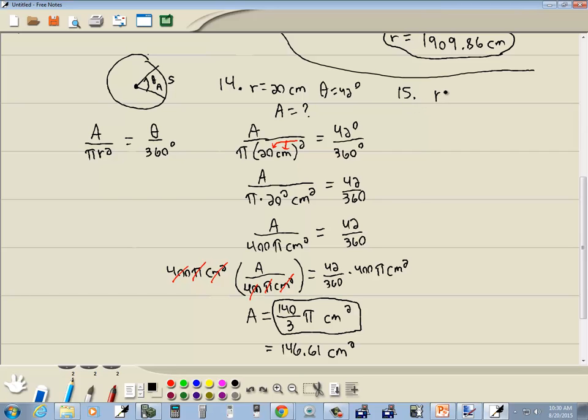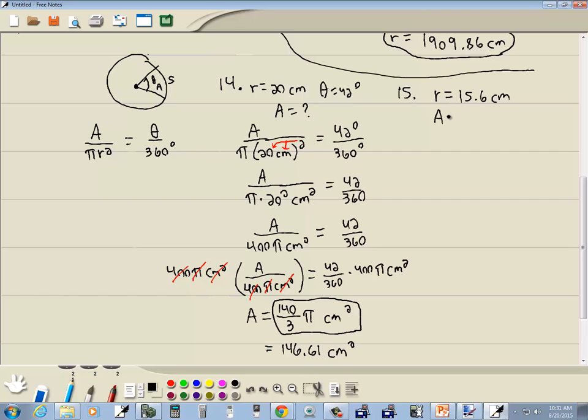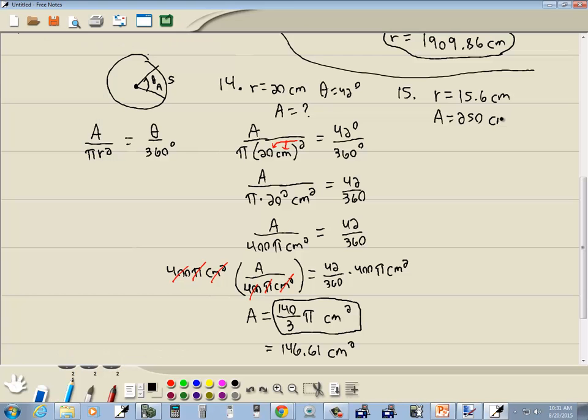We've got R is equal to 15.6 centimeters, A is equal to 250 centimeters squared, and we want to know what theta is. Well, we're going to go back to our formula. So we've got A, which is 250 centimeters squared, over pi r squared.